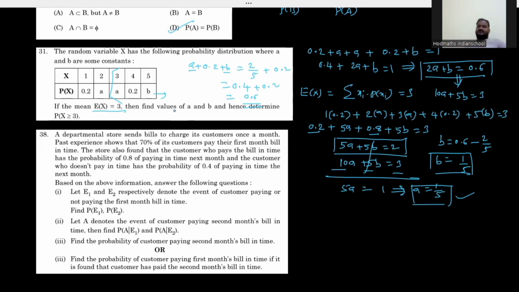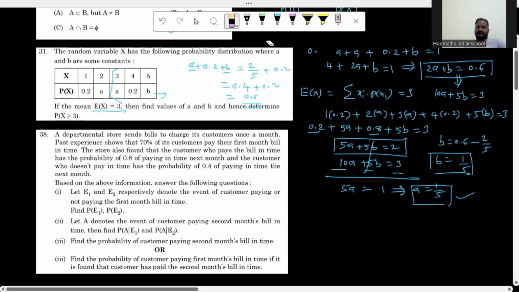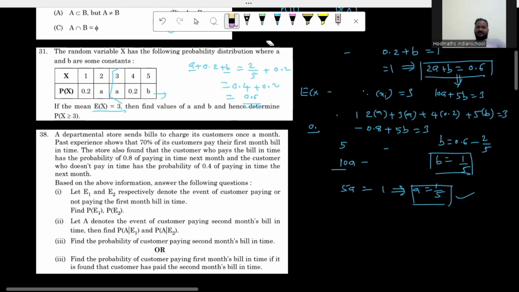So when you answer this particular problem, you see what information is given in the problem. For that, I am going to erase this particular area. Now see that. The problem given here is: a departmental store sends bills to charge its customers once a month.